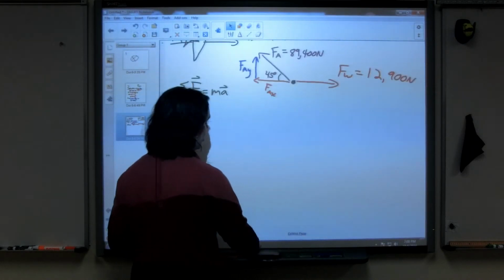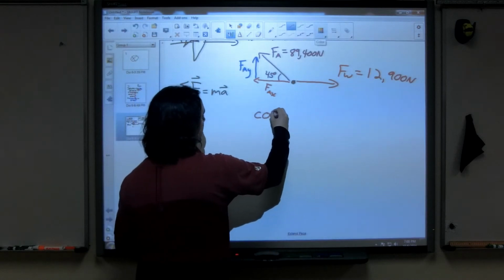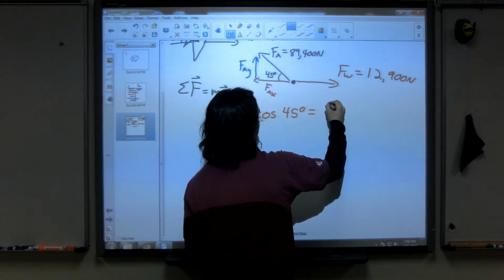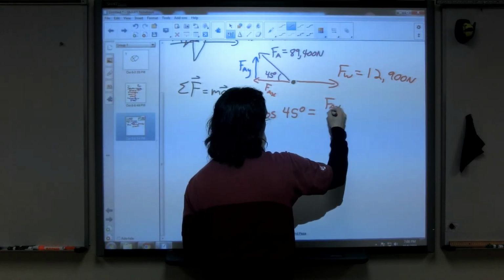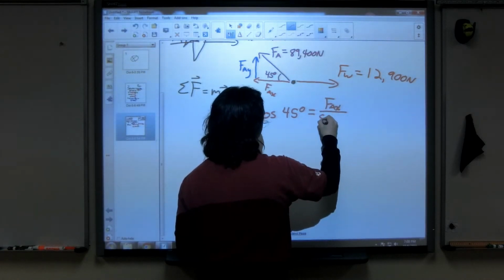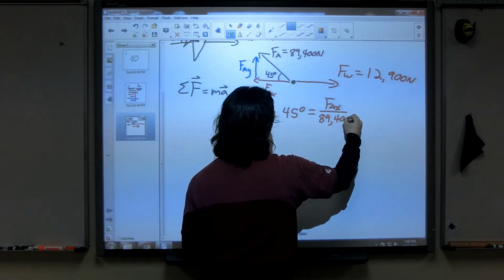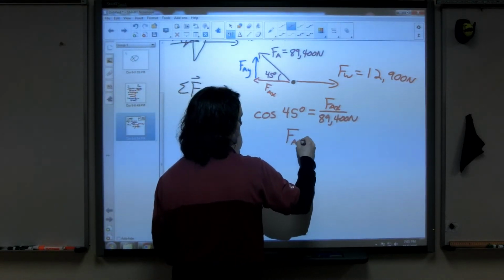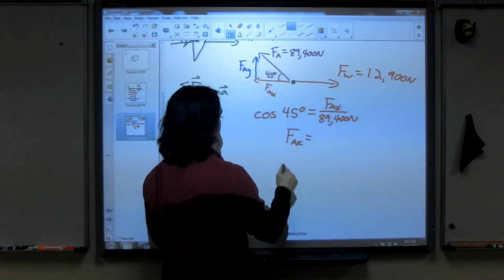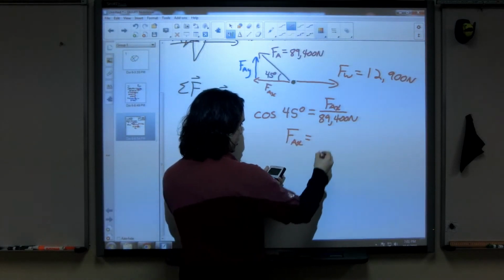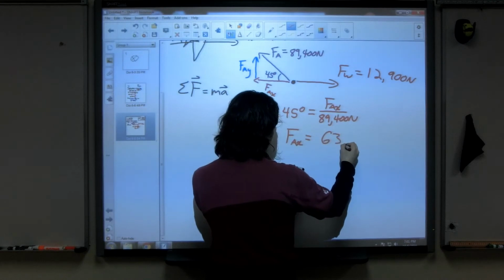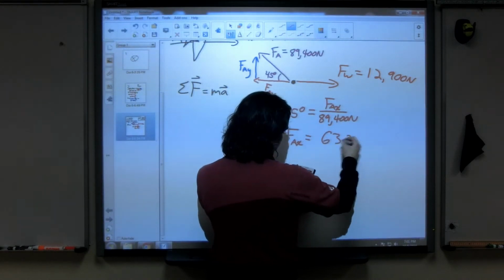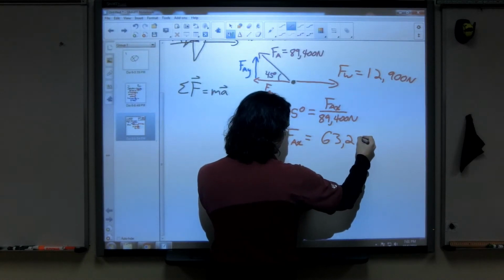Double check how to do that, but it is based off of cosine of 45 degrees, CAH equals adjacent over hypotenuse. And then solving for my force in the x direction, at least from the air, the wind blowing on the boat, we end up with 63,215, which is probably to three significant figures at 63,200.